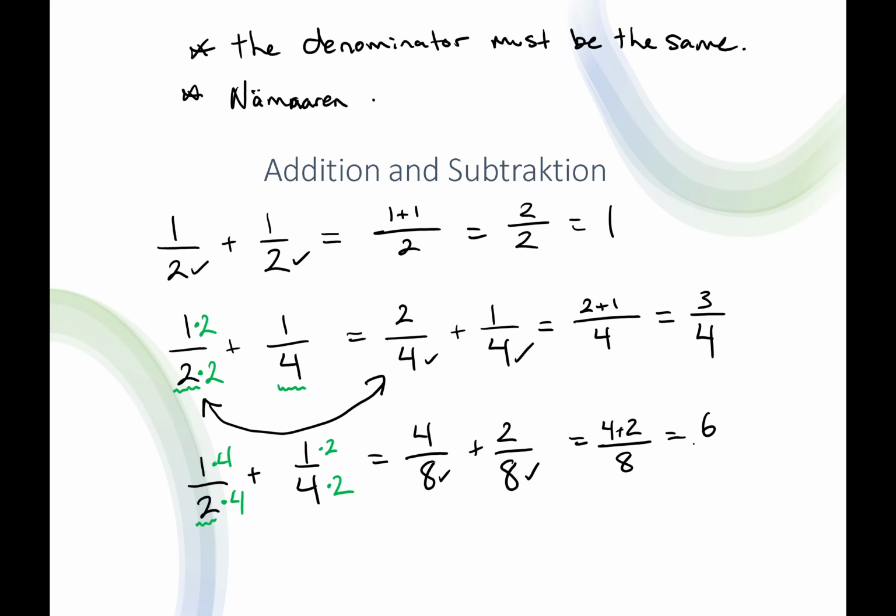We get 6 over 8. And at that point, you look to say, hey, can I simplify this fraction? Or can I make this number and this number smaller by dividing them by the same number? And you can do that if you divide by 2, divide by 2, and you get the same answer as before. The same rules apply when you subtract fractions. The bottoms must be the same.